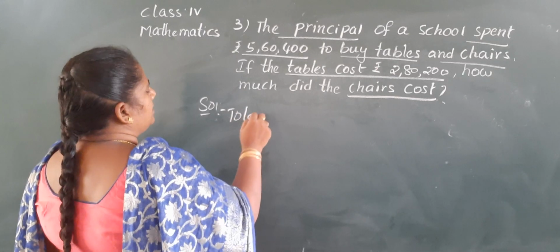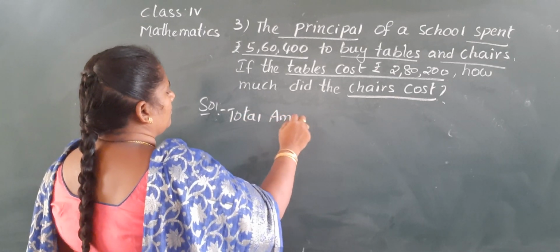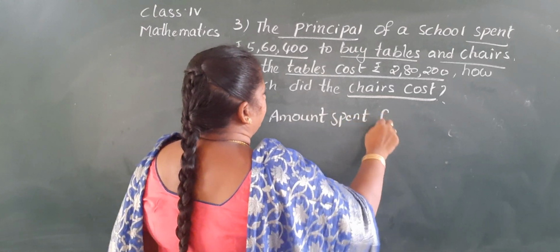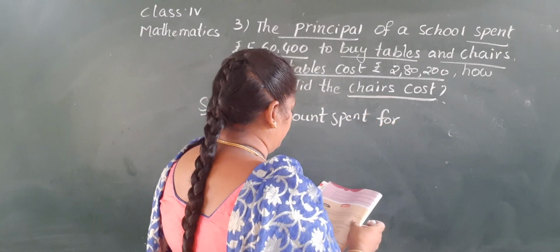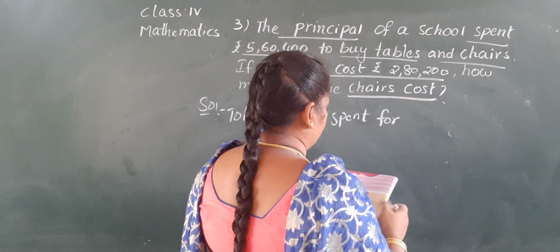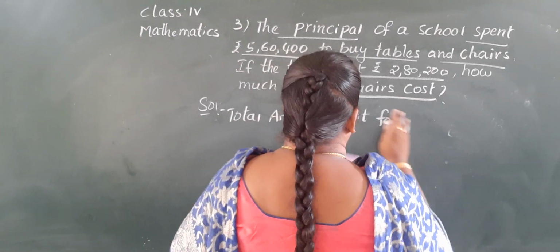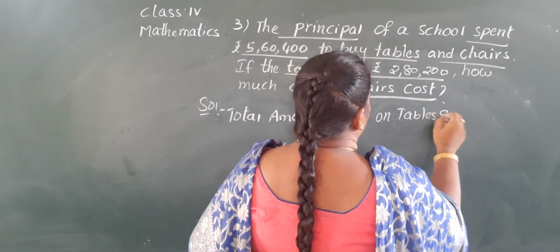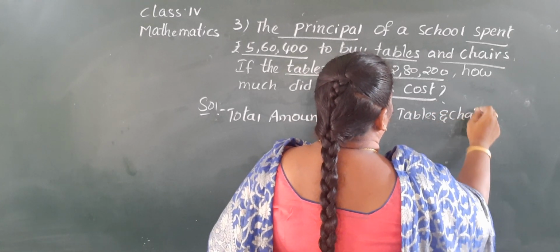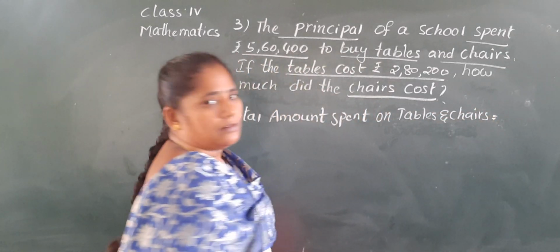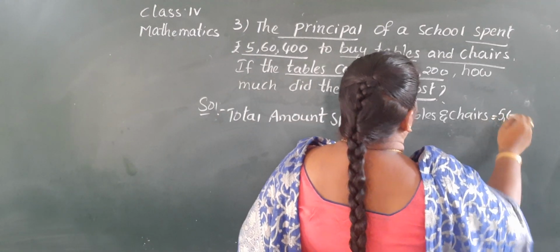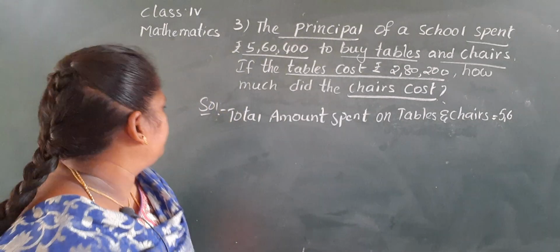Total amount spent for tables and chairs. Total amount spent on tables and chairs equal to 5,60,000. You can't see this.